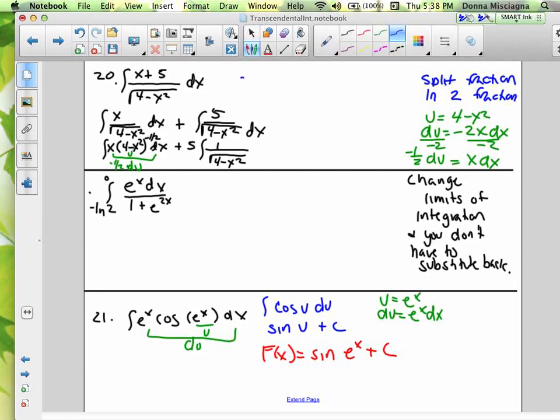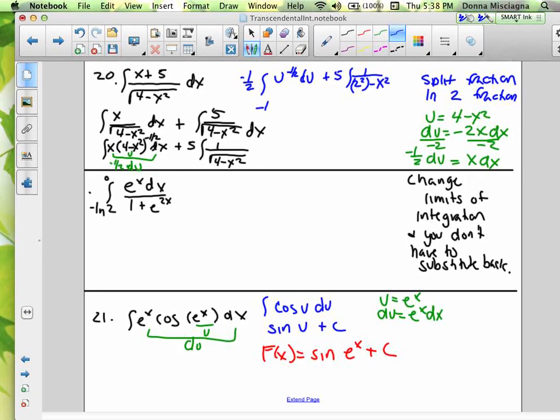So we have negative 1/2 times the integral of u to the negative 1/2 du, and then plus 5 times 1 over, and I'm going to rewrite this part as 2 squared minus x squared. Now we can just integrate that.